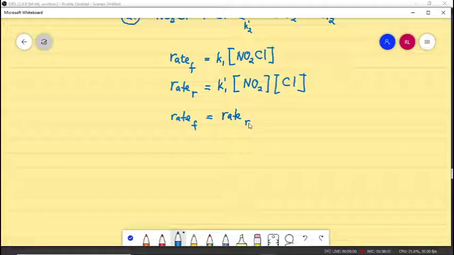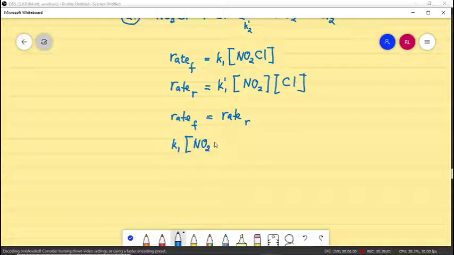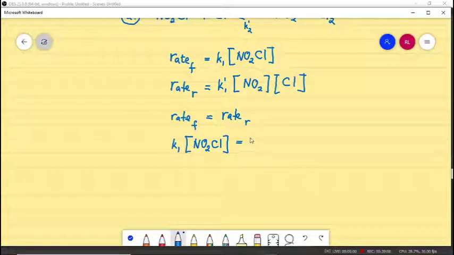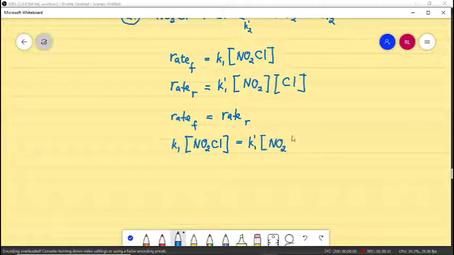Kasi nga equilibrium. Okay, substituting, we have K sub 1 times the concentration of nitrile chloride is equal to K prime sub 1 times the concentration of nitrogen dioxide times the concentration of the monatomic chlorine.